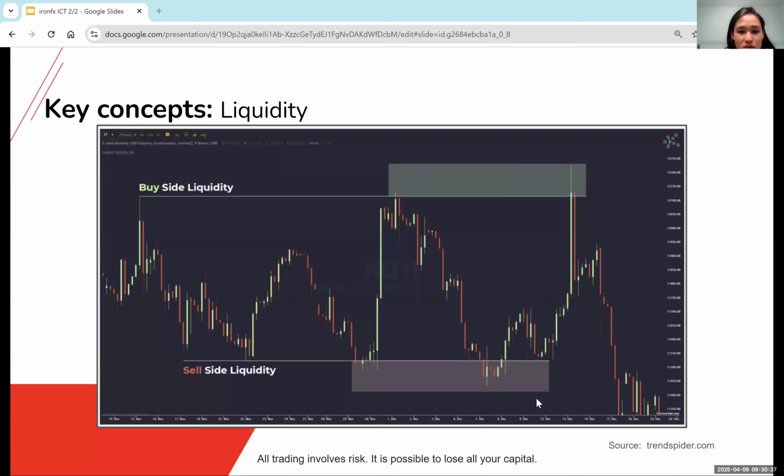Your buy side liquidity would occur above here. So your liquidity pool manipulation will happen above these areas here, and below. So basically the areas above your swing highs and below your swing lows.